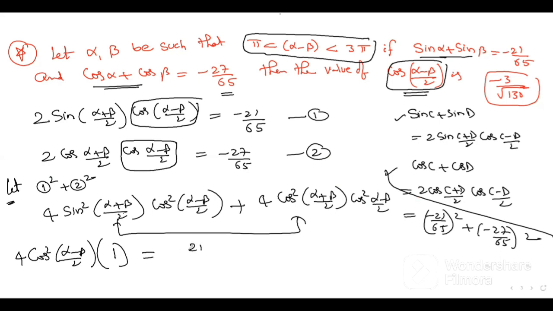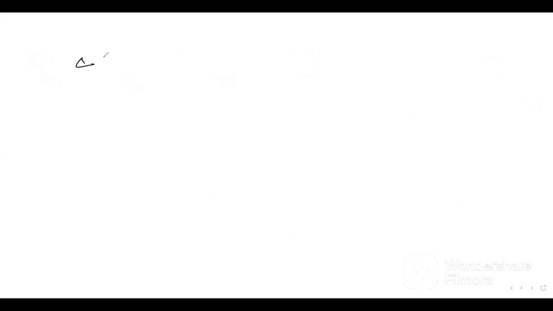The right side is 21 whole square plus 27 whole square by 65 whole square. The LCM is 65 whole square. 21 square plus 27 square becomes 1170, and 65 square is 65 into 65. Continuing, 4 cos square((alpha minus beta) by 2) is equal to 1170 by (65 into 65).